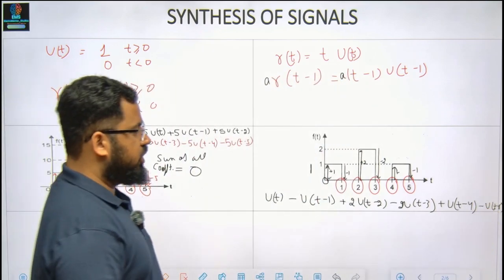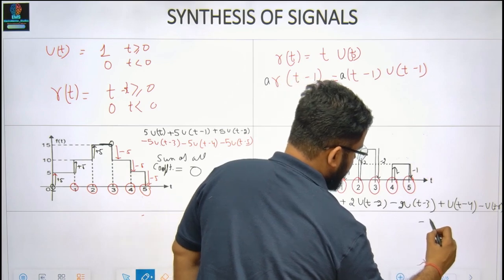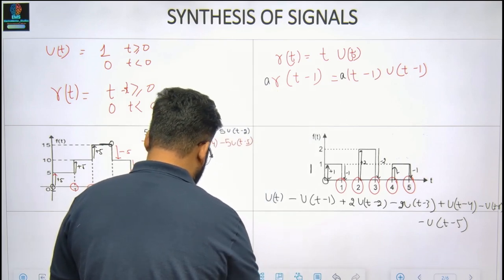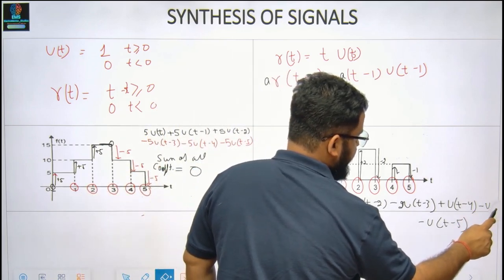Is it clear, everyone? So I'll just write down the last term, u of t minus 5. Okay, so this is the synthesis of this waveform.